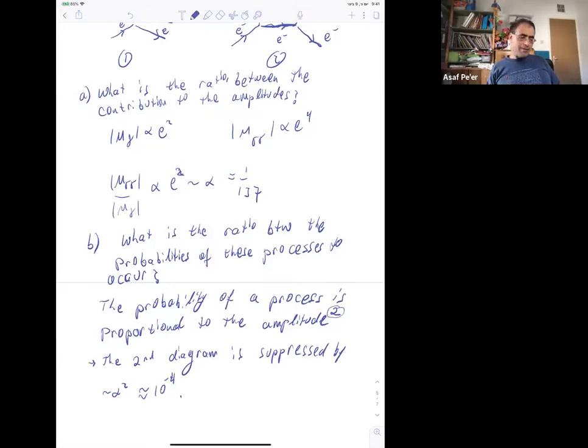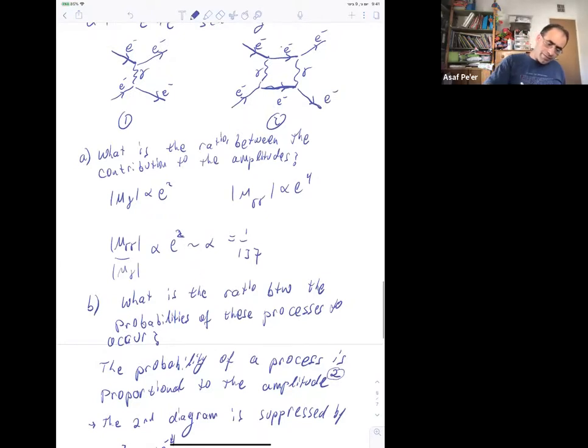Now, as I said, this depends on the energy that you're looking at, because the coupling constant is not really constant. The left one is called the leading order diagram.